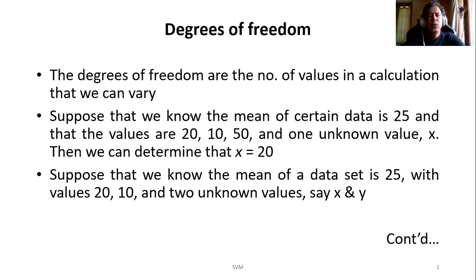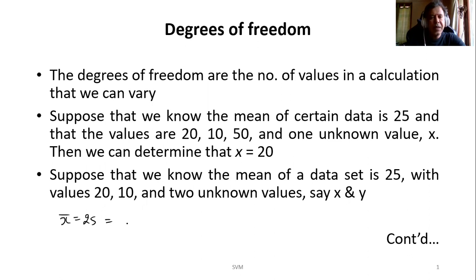Suppose that we know the mean, means average, of a certain data is 25 and the values are known to be 20, 10, 50, but one unknown value which we are considering as x. In which case we can determine that x is equal to 20. How? Let us write it here. The average, that is the mean, is given as 25.